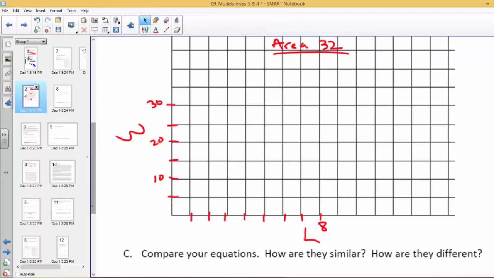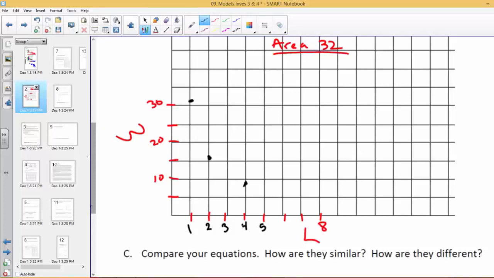And then plot your points. Remember, 0 is an error. 1 is 32. 2 is 16. 3 was some decimal. 4 was 6. 4 was not 6. That's 24. 4 is a decimal. 4 is 8. 5 is a decimal.